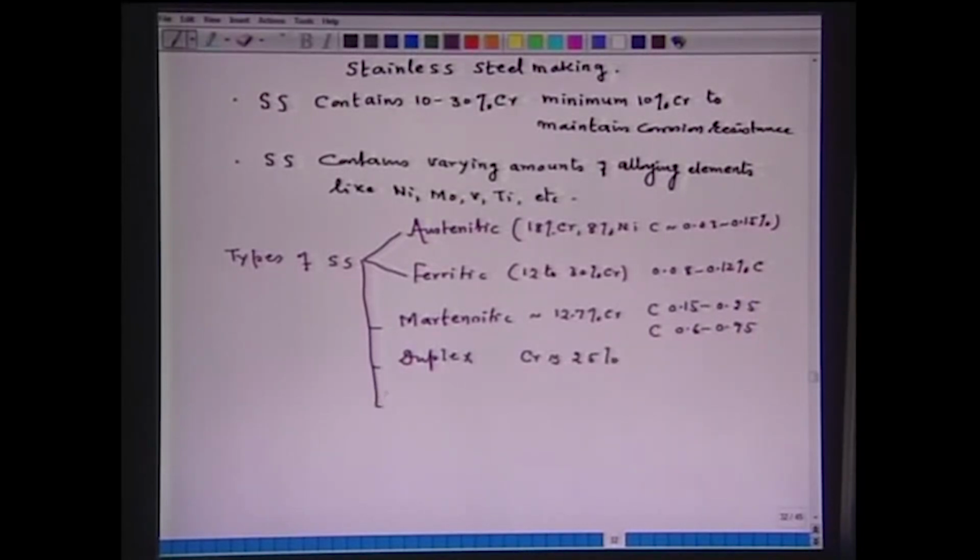Then there is still another variety, the precipitation hardening steels, and they have say 18 to 20% chromium plus copper, titanium, aluminum plus 8 to 10% nickel. They are highly specialized steel and used for certain specific purposes.